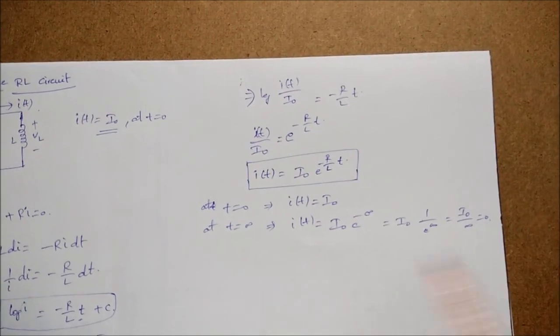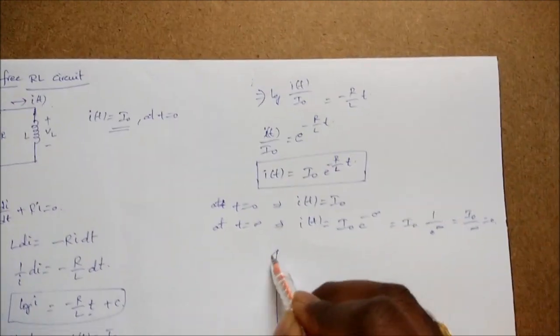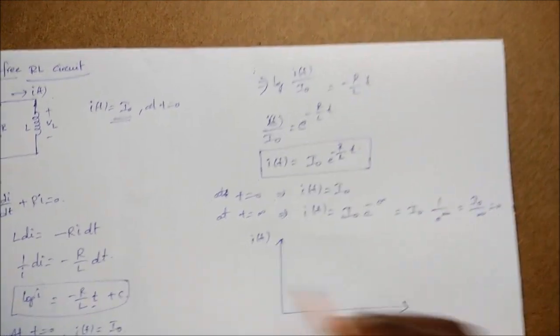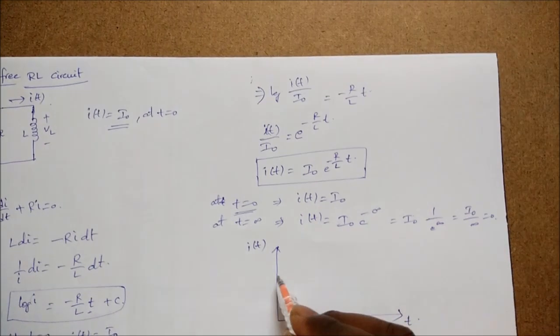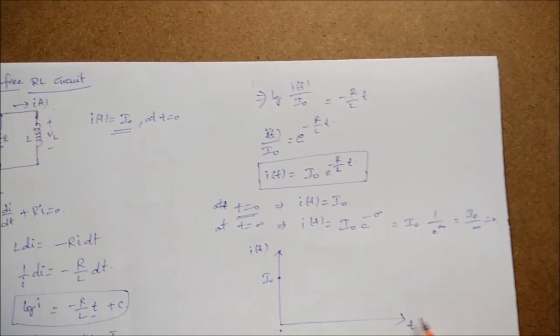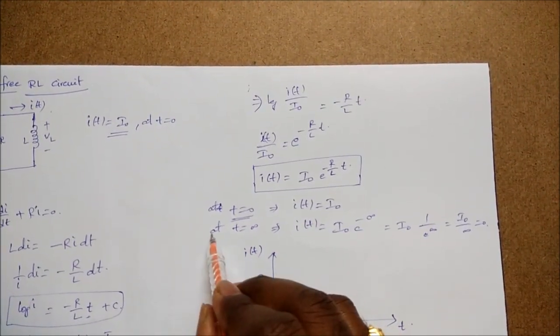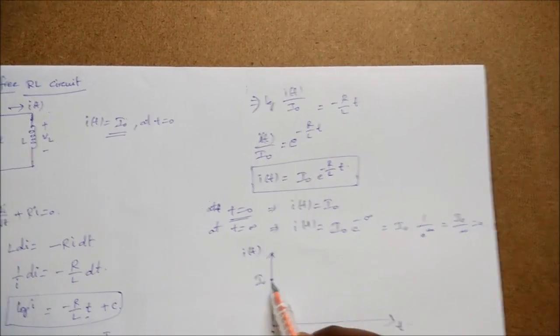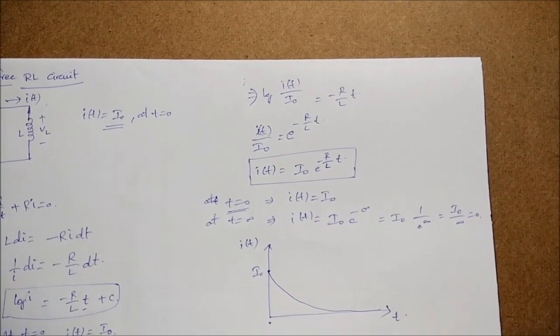So the graph will be like this. This is I of t and this is t. At t is equal to 0 it will be I naught here, and at t is equal to infinity, I of t will be 0. That means it will decay like this to infinity.